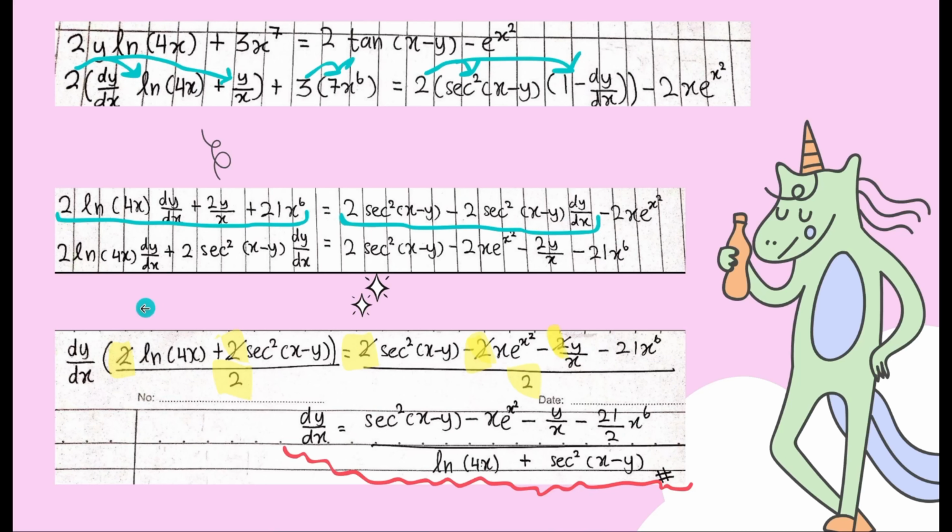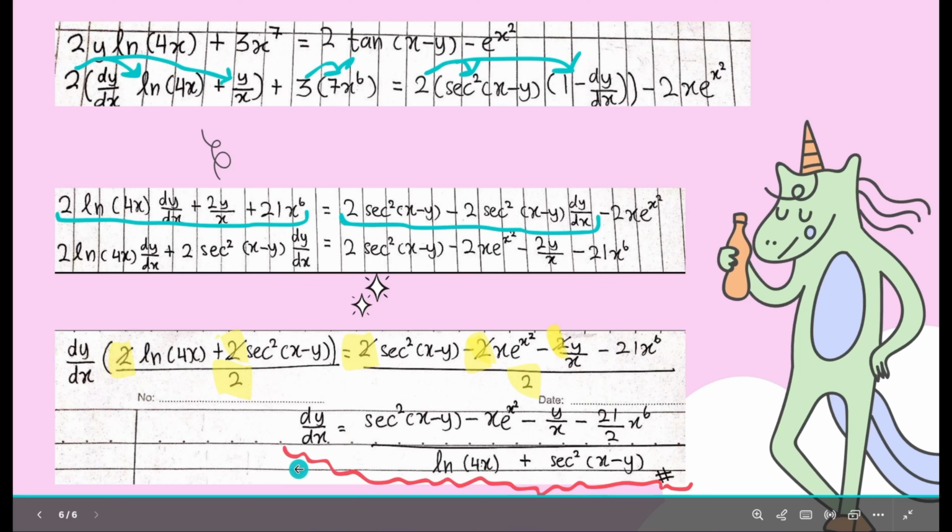Then we factorize the equation and divide both sides by 2 so that we can simplify it. Lastly, we find the answer for dy over dx.